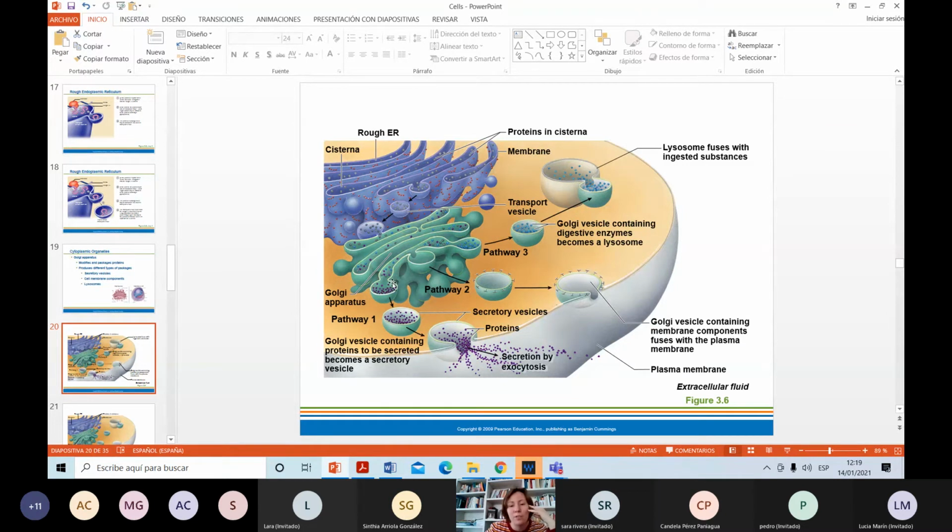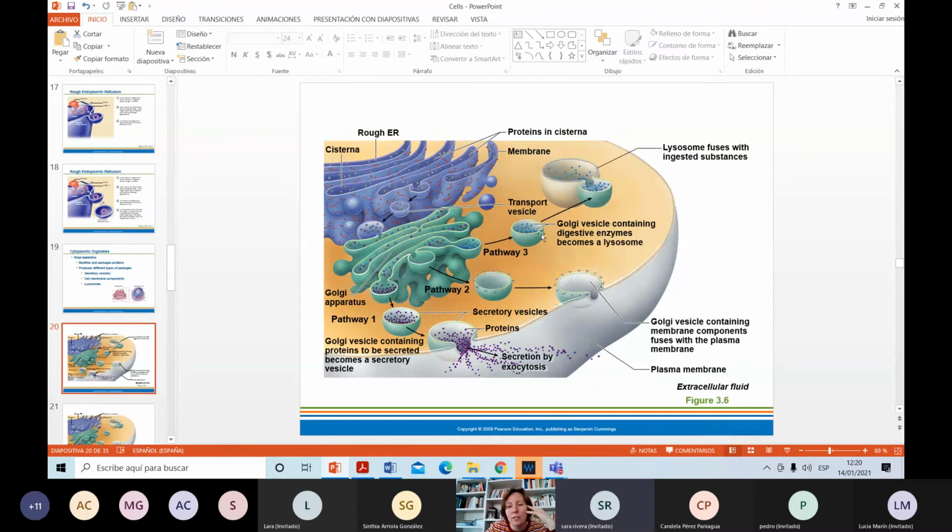This Golgi apparatus is producing three types of vesicles. If the proteins are needed outside, this type of vesicle. If they are needed in the cell membrane, this type that will fuse with the membrane. And the third type, this one, that is when the proteins are needed as digestive enzymes.